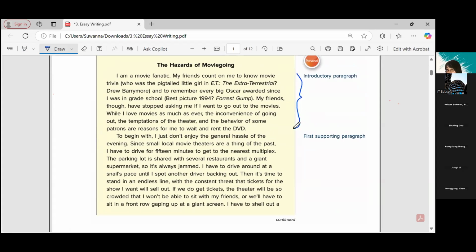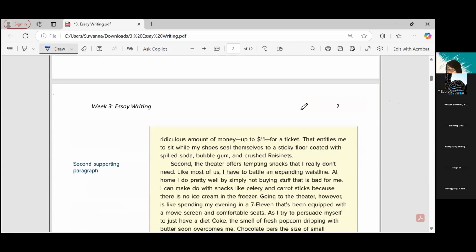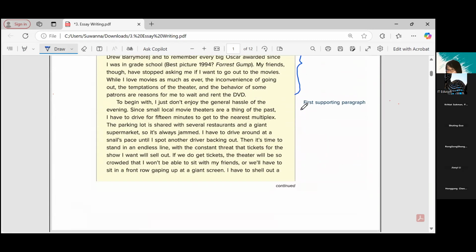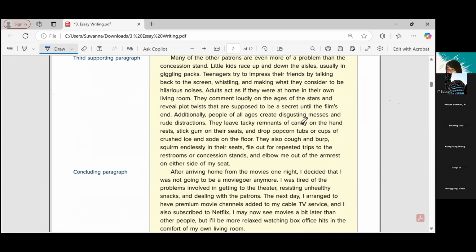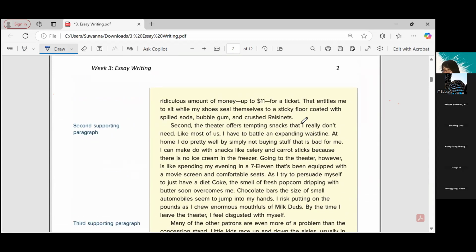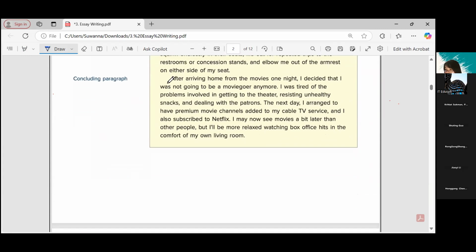This is the introductory paragraph, which is followed by many paragraphs, or what we call supporting paragraphs. In this essay, we have 3 supporting paragraphs, right? And of course, this essay ends with a concluding paragraph. This is the concluding paragraph.